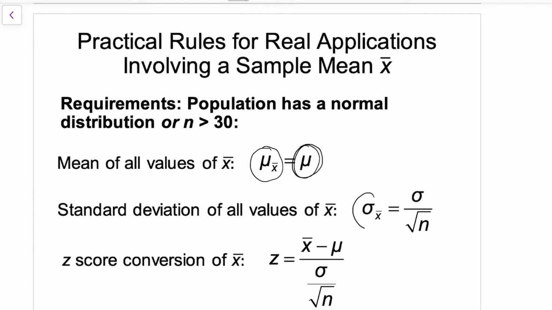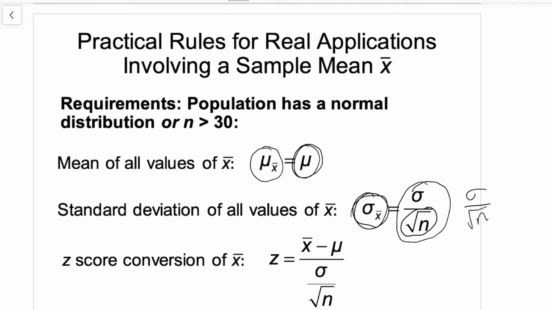The standard deviation of our subsample is almost exactly the standard deviation of the original sample, but we have this correction. We have to take sigma over the square root of n. And no matter what type of distribution we have, we're going to get an approximate normal distribution.